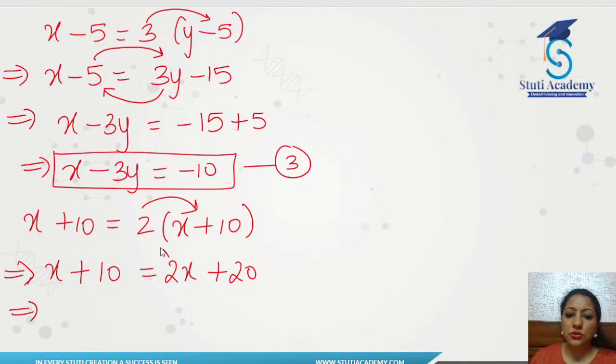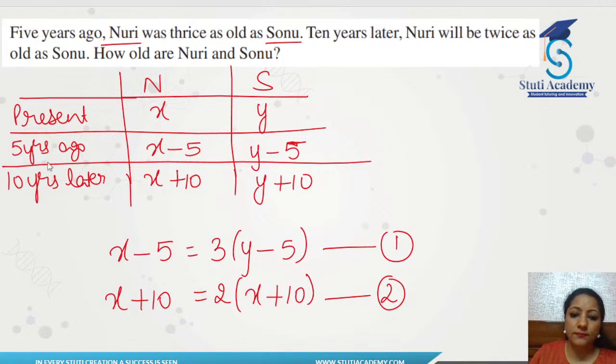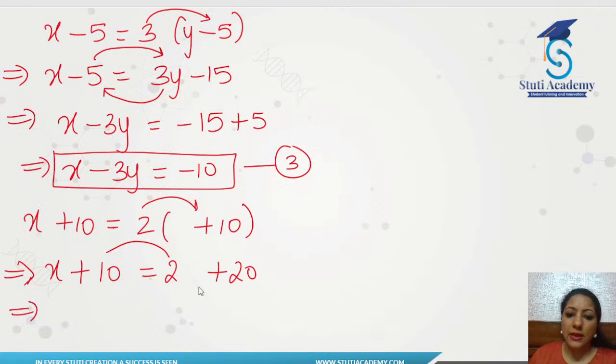Sorry, this is not 2x, this is 2y. By mistake, I wrote x here. Also, I wrote x here by mistake. It's y. Please notice this is y, and this is also y. I'm repeating this for you.